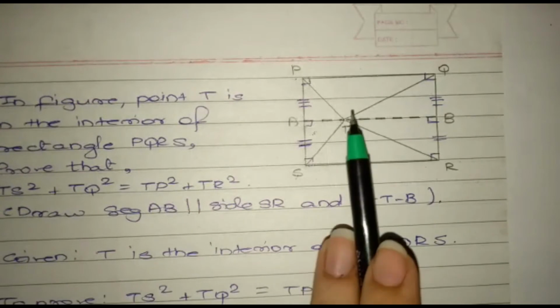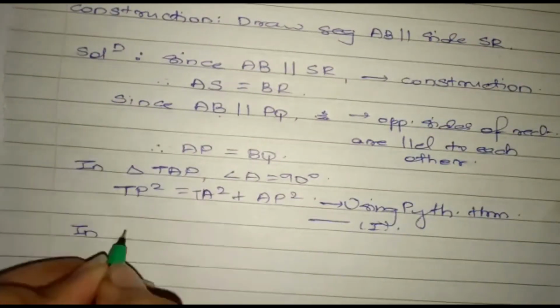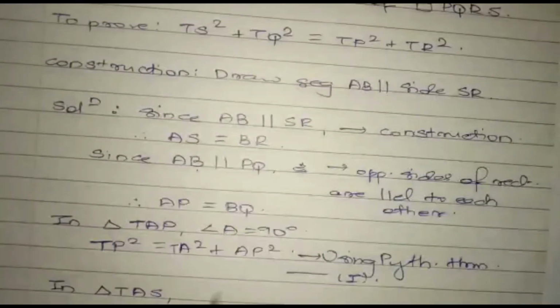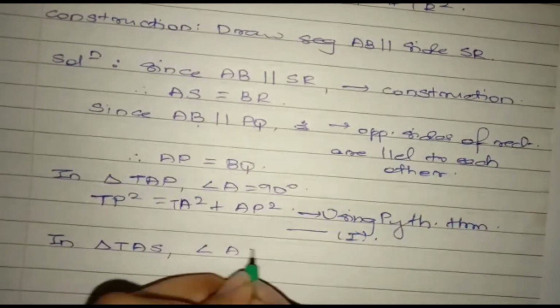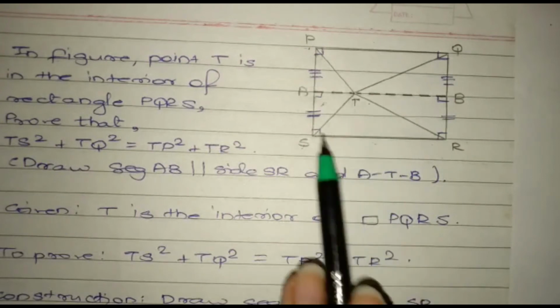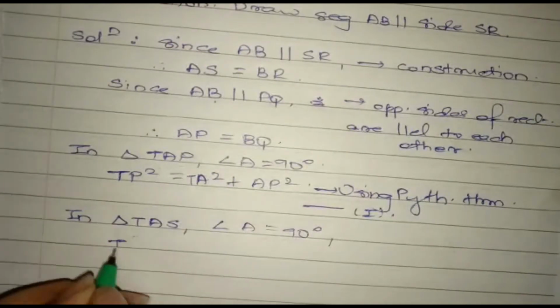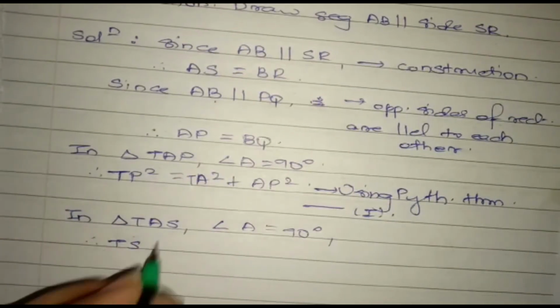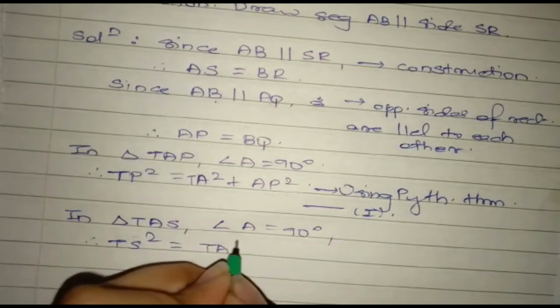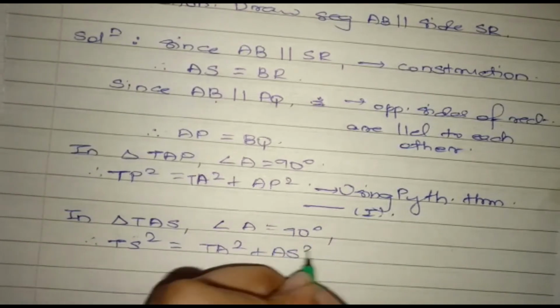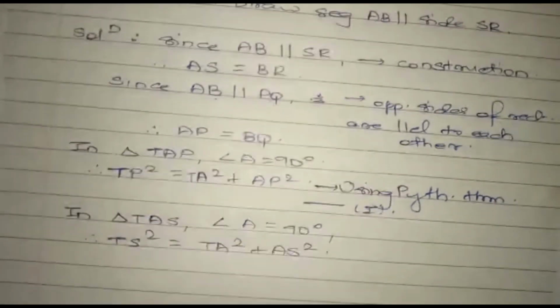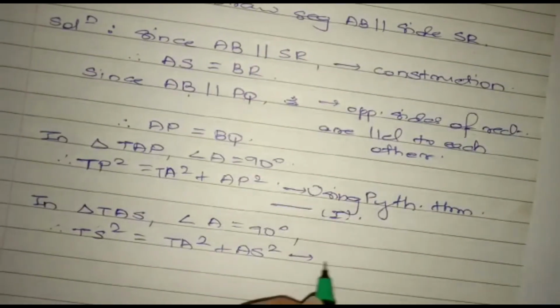Now we will consider triangle TAS and apply the Pythagoras theorem. In triangle TAS, again angle A is 90 degrees. So applying the Pythagoras theorem we get TS square is equal to TA square plus AS square.